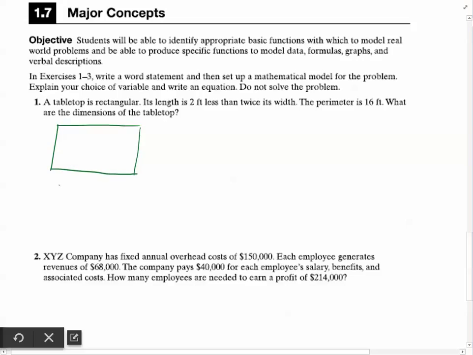So we have a length and a width. They tell us that the length is 2 feet less than twice its width. Okay. So the width I'm just going to call W. So the length would be 2 times W and then 2 feet less than that. Okay, the perimeter of a rectangle, remember, is you got 2 W's and 2 L's.